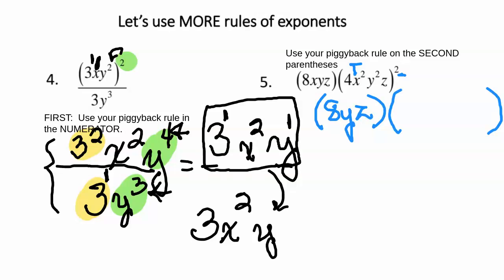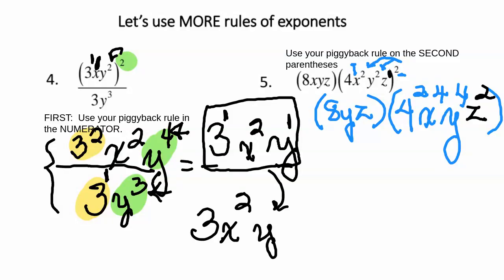Well, this 4 has a power of 1, which means I have 4 squared. This 2 is multiplying by the x2, which gives me x to the 4. This y2 inside is multiplying by the 2 outside, which gives me y to the 4th. Now don't forget, z has a power of 1, which means 1 times 2 is 2.